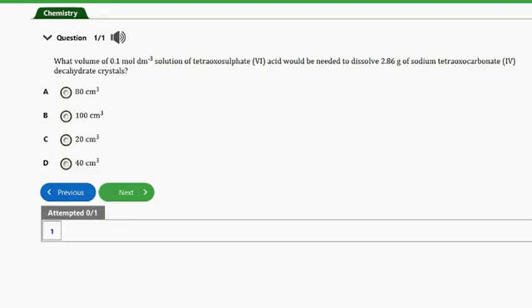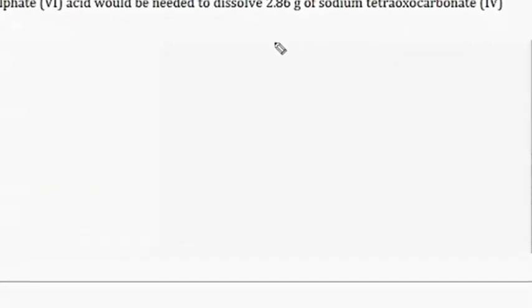First of all, we know that the first thing to do is to write the equation of the reaction. So let's zoom in to our workspace and write it.